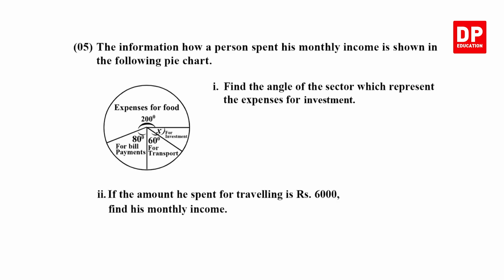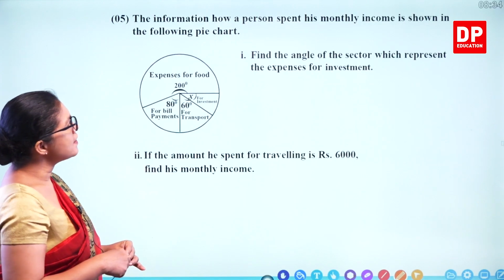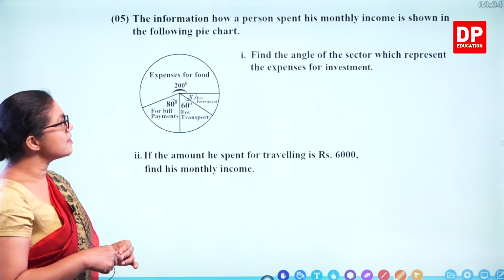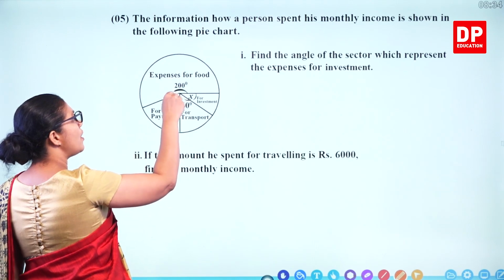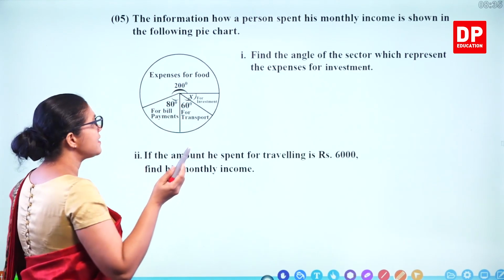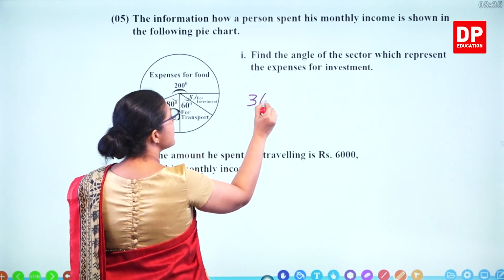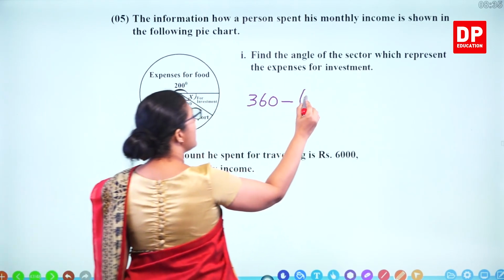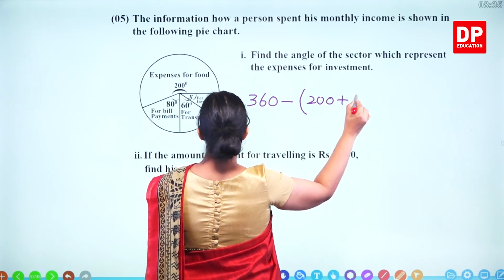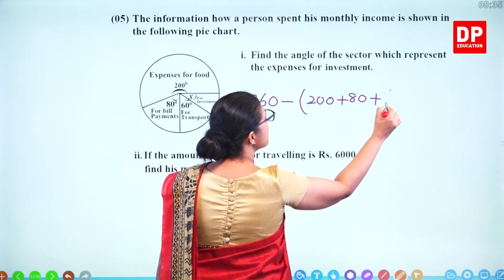The information on how a person spent his monthly income is shown in the following pie chart. Find the angle of the sector which represents the expenses for investment. That's X. So we know around a point is 360 degrees. So 360 minus 280 and 60.